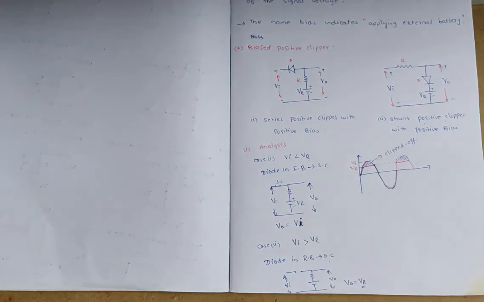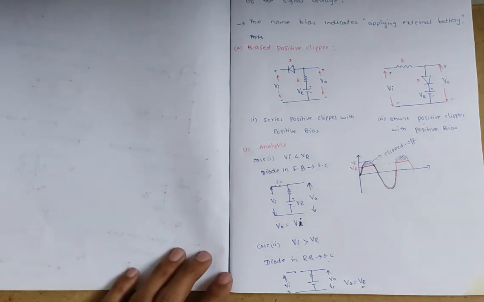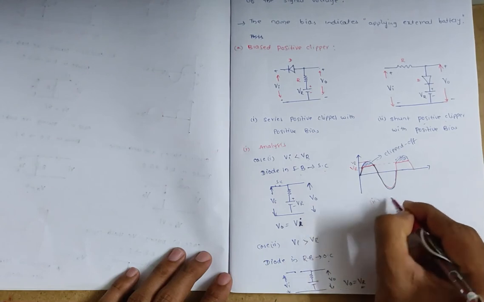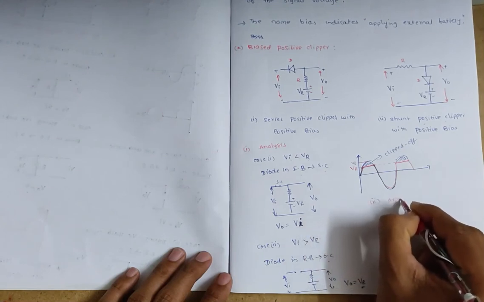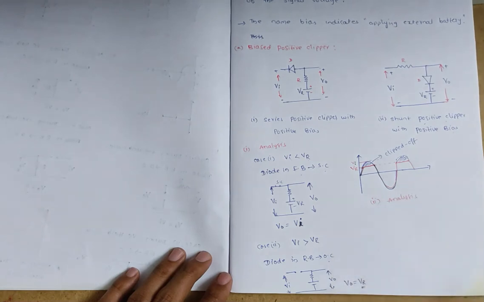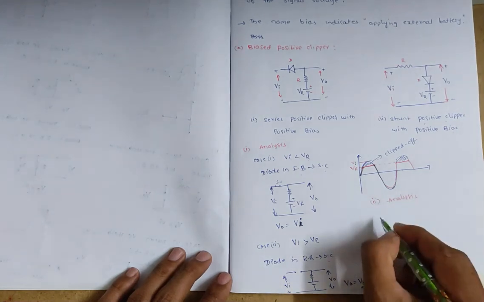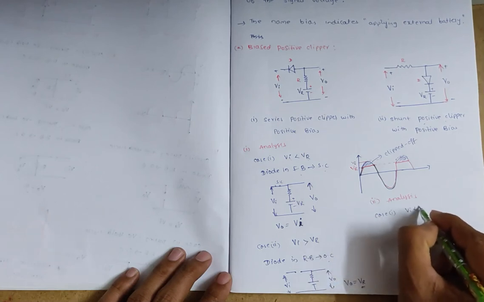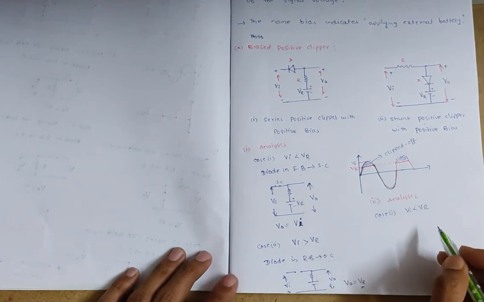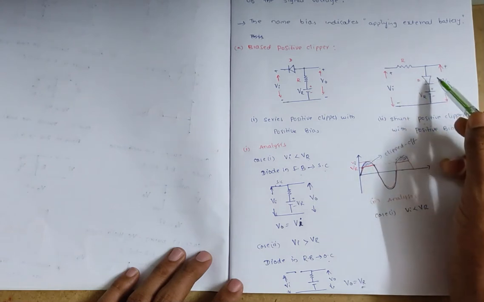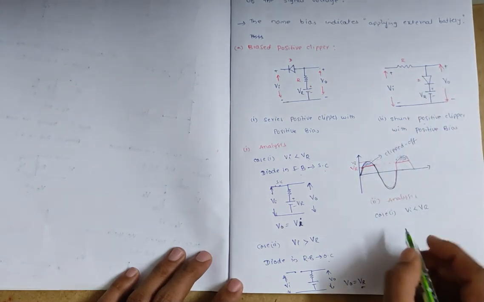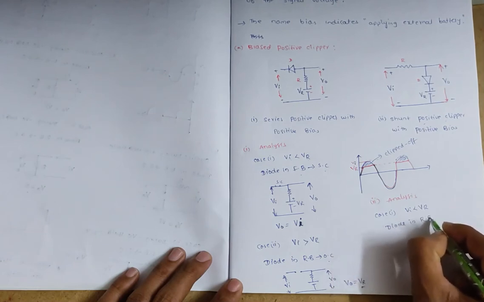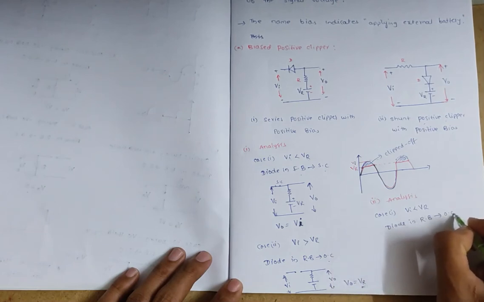Similarly, the shunt positive clipper analysis. Again, case 1: Vi is less than VR. Then this diode is in reverse bias. It is acting as an open circuit.